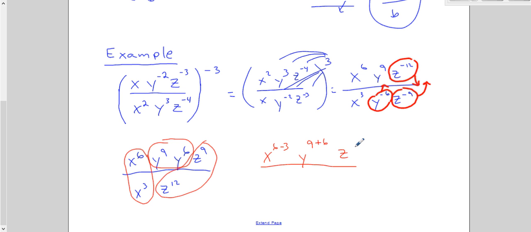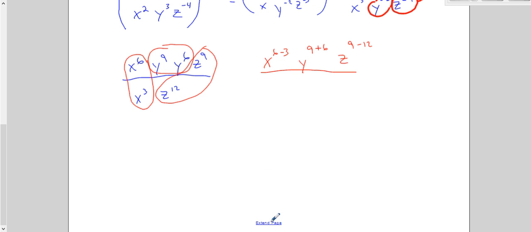So that's going to be z to the 9 minus 12. 6 minus 3 is 3, so x to the 3rd. 9 plus 6 is 15, so I get y to the 15th. 9 minus 12 is negative 3, so I get z to the negative 3. Got two positive exponents, one negative, so I'm going to create a fraction, and I'm going to move this down.